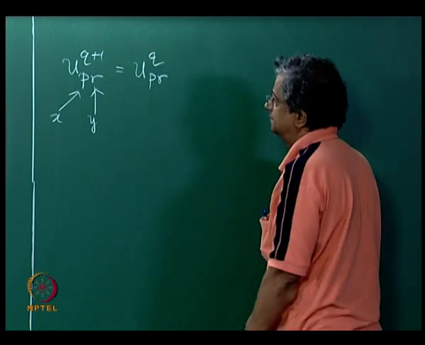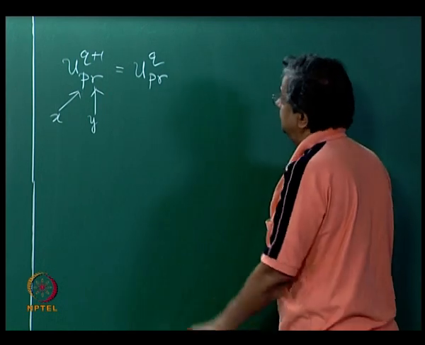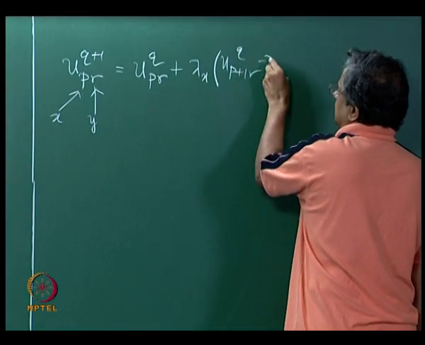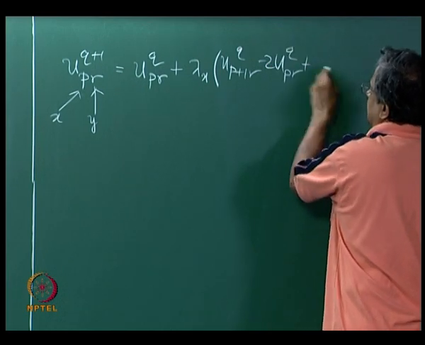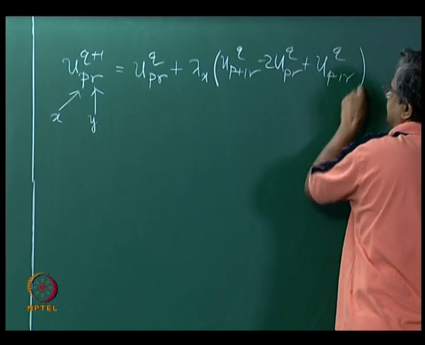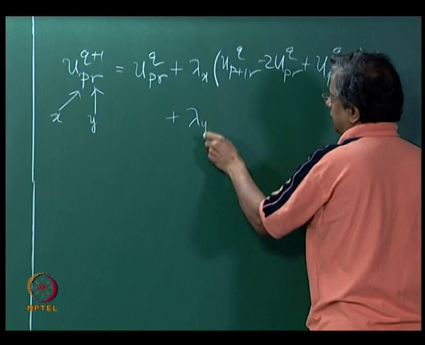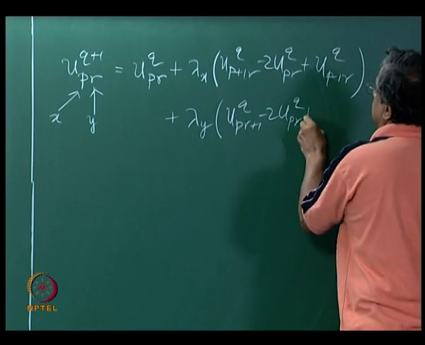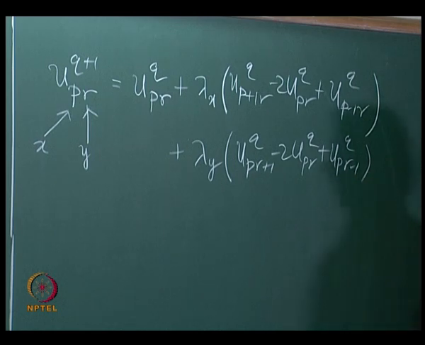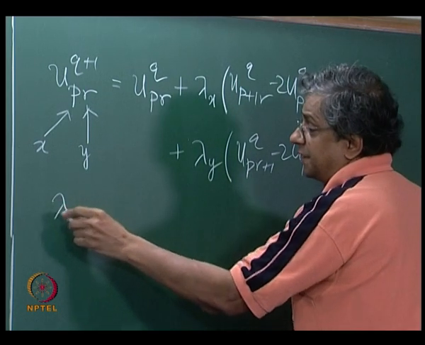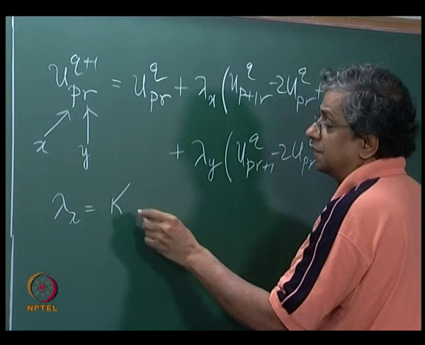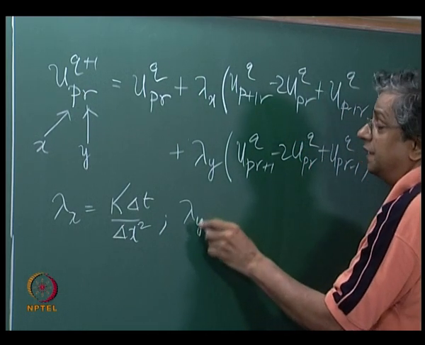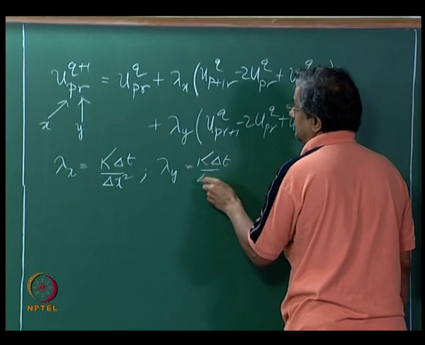U_PR^q, fine, plus lambda x times U_(P plus 1)R^q minus 2 U_PR^q plus U_(P minus 1)R^q, plus lambda sub y times U_P(R plus 1)^q minus 2 U_PR^q plus U_P(R minus 1)^q, where lambda x is kappa delta t by delta x squared, and lambda y is kappa delta t by delta y squared.